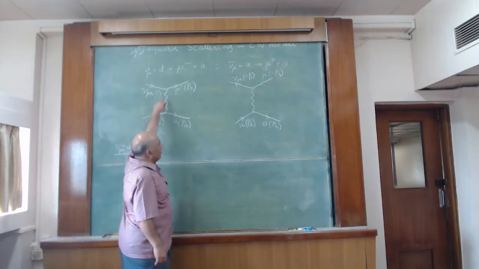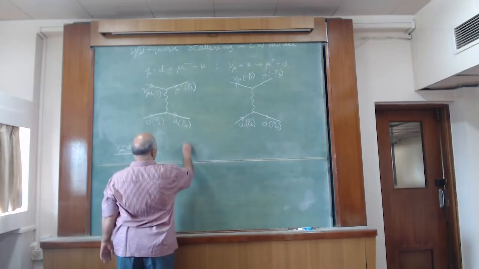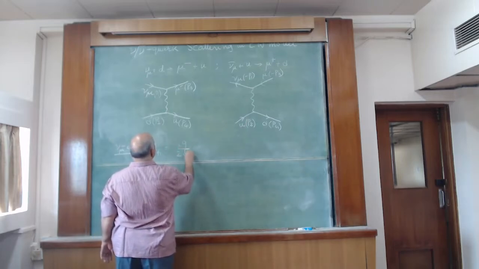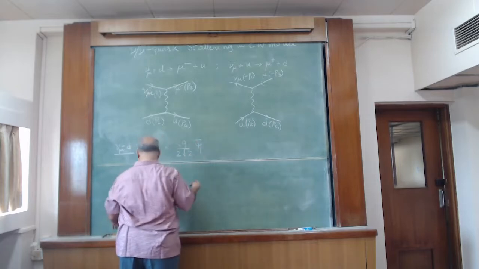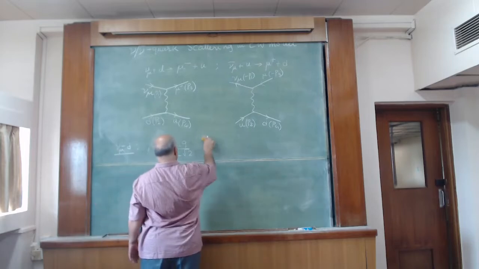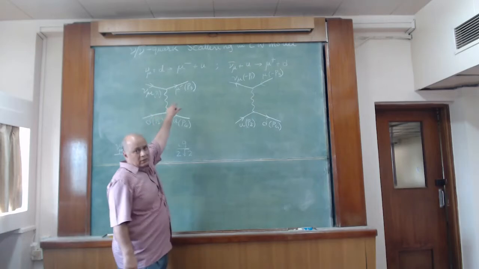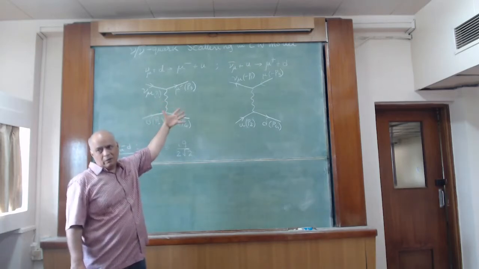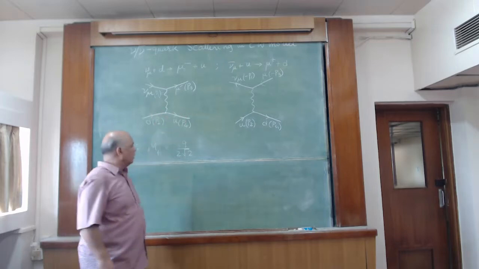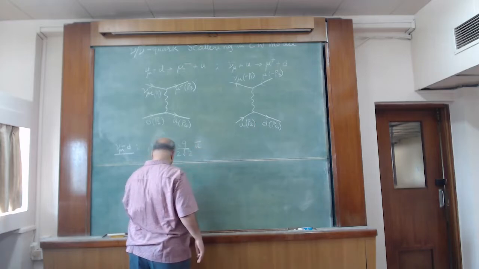So first I write the upper vertex, which is ig by 2 root 2 psi bar. Okay, I'm writing it in terms of the matrix element, so I write in terms of spinors. That's an outgoing particle, so the corresponding spinor is a U bar spinor.